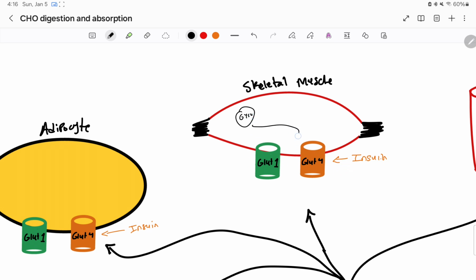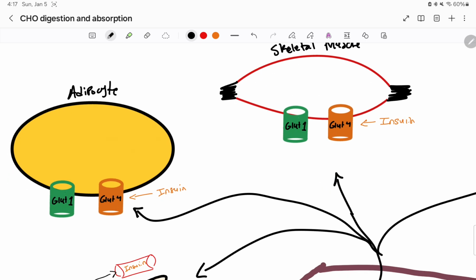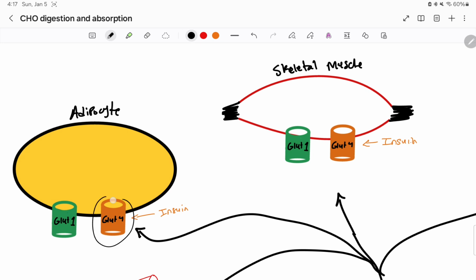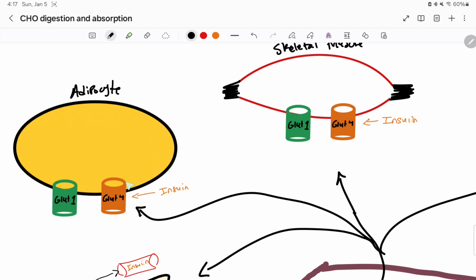Insulin stimulates them to come and be placed on the membrane. So insulin brings these GLUT4 channels here right after a meal, and they'll migrate towards the membrane and sit there waiting to absorb glucose.